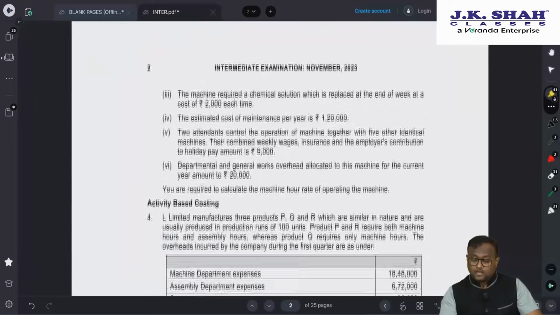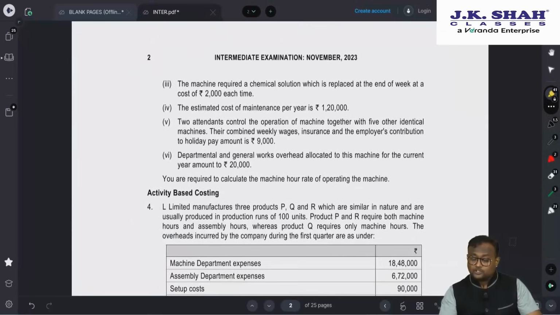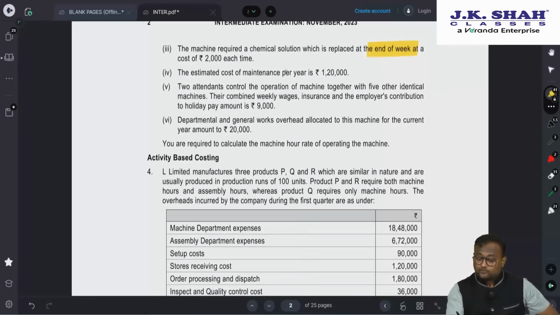The machine requires a chemical solution which is replaced at the end of the week. Per week means it is definitely to be taken as a fixed cost. Estimated cost of maintenance per annum, again a fixed cost.